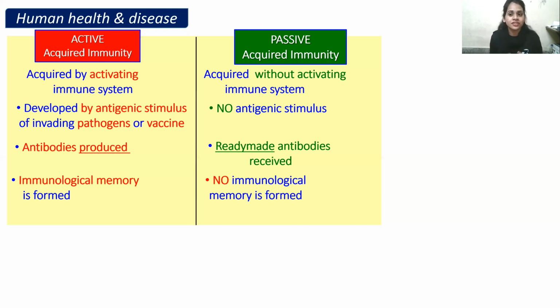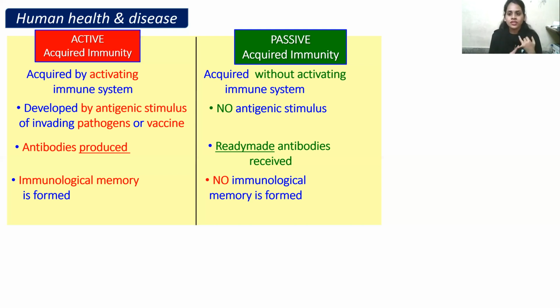Now we are clear that active acquired immunity is the one which you get during natural infection or vaccination. But from where do you get the ready-made antibodies? Do you know that? You get the ready-made antibodies from your mother, in the form of milk, in the form of colostrum. Colostrum is the initial milk which a mother feeds to the baby. That colostrum is very rich in antibodies.